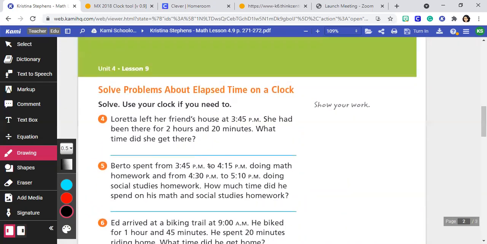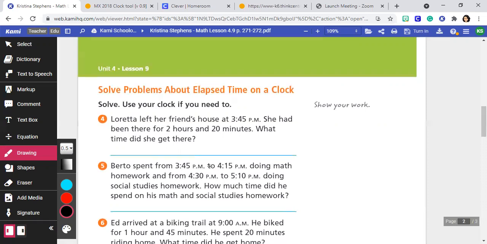On this next section, we are given real-world situations where you are going to apply the skill of solving problems using elapsed time on a clock. You're going to solve and you're going to use your clock if you need to help you out with it. For students at my school, at the STEAM Academy, you know that we use DEAL.